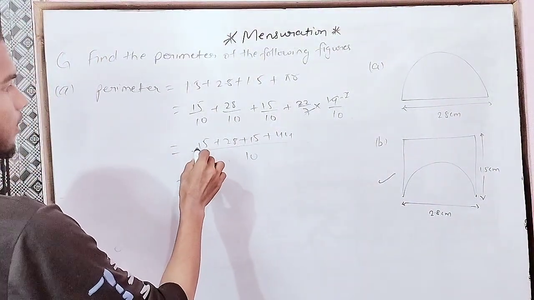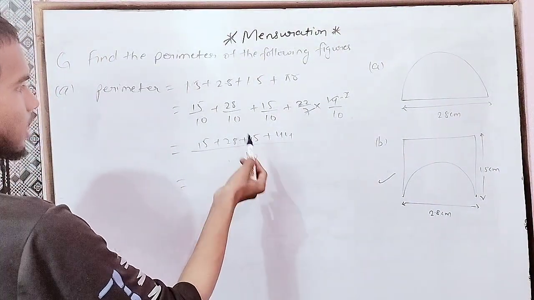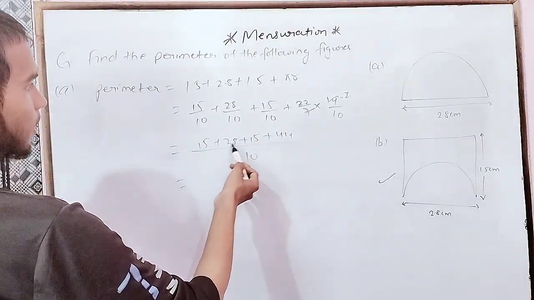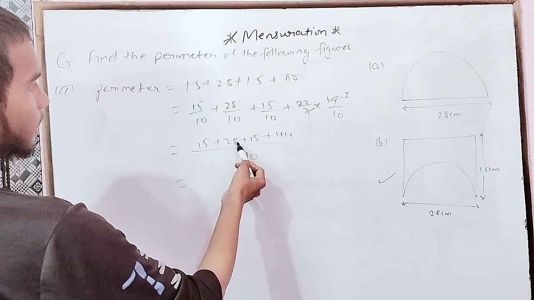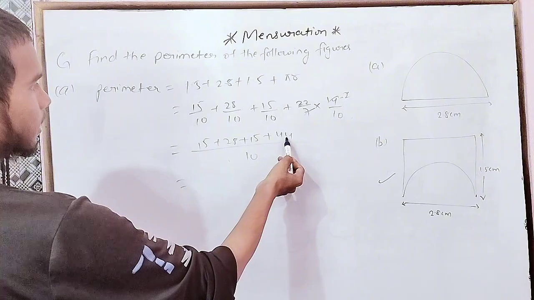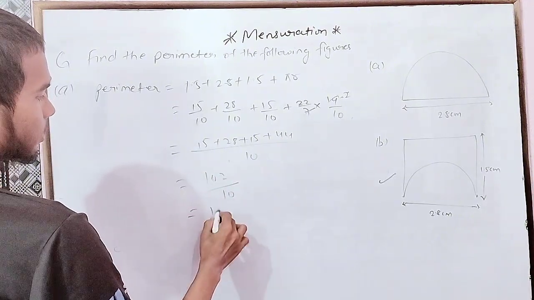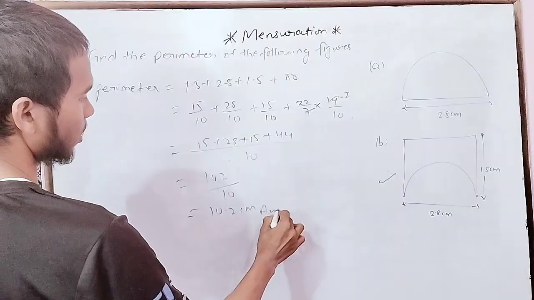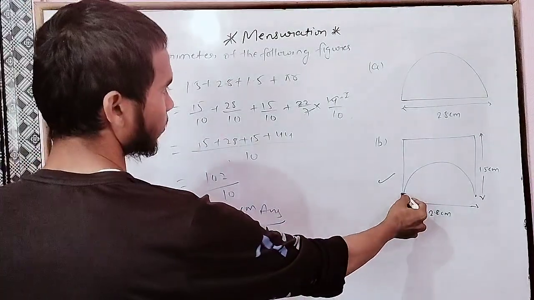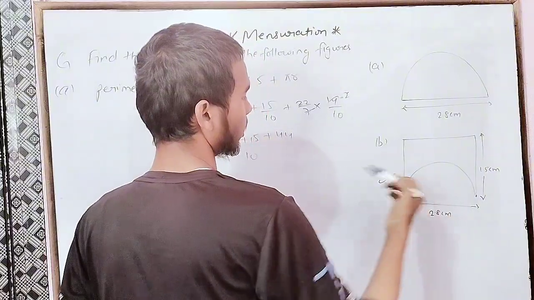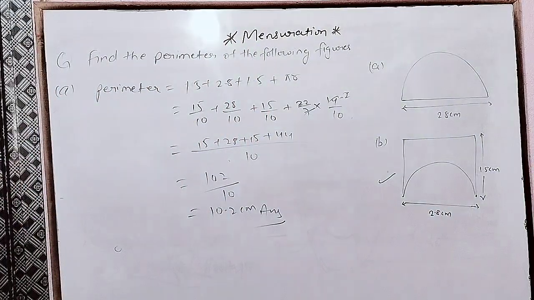Just we will simplify it. 10, 20, 30, 40, 80, 90, 100, 102. 102 upon 10, which is 10.2 centimeter. This is the perimeter, the total perimeter from here all the way around till here. Got it?